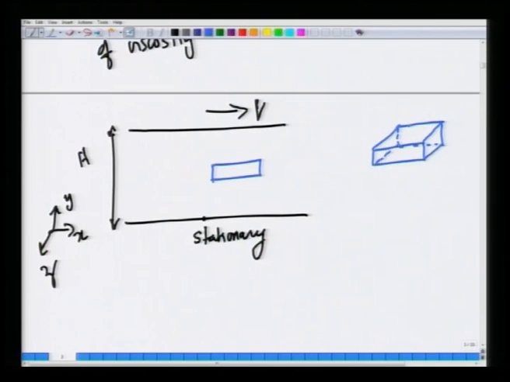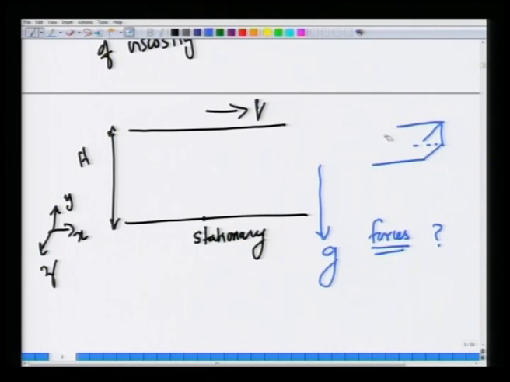Okay. So, this volume element, what are the forces that are acted upon this volume element? Suppose you are doing this experiment in a lab and let us say gravity is acting downwards. Okay. Now, if you take this, let us for simplicity assume this to be a cubic volume, that simplifies our discussion. So, take a cubic volume element instead of a rectangular volume element.